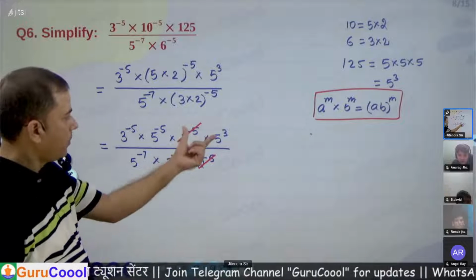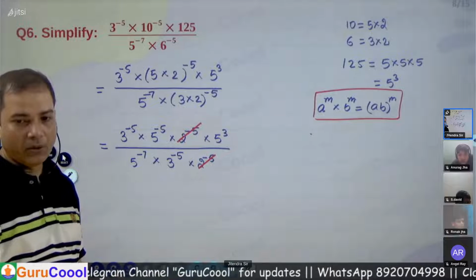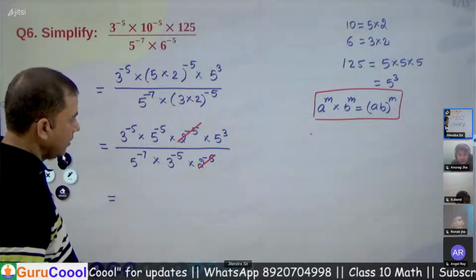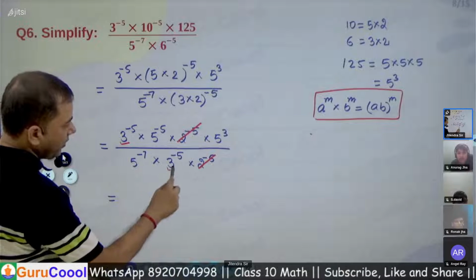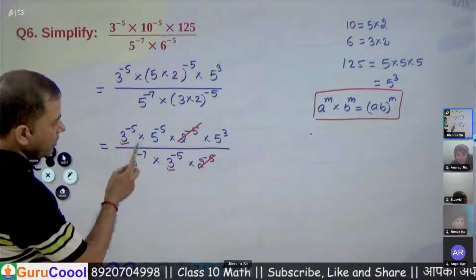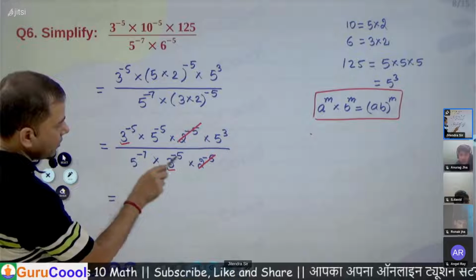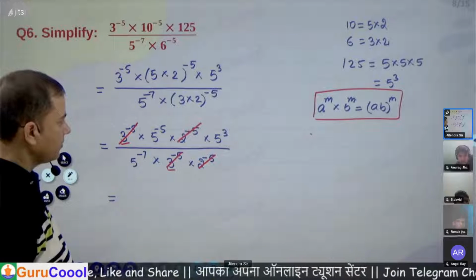If there is a plus sign or minus sign anywhere, then we cannot cancel. Okay, now we see here same bases 3 and 3. These two have the same bases. Their powers are also the same, so they can be cancelled like this. Correct?